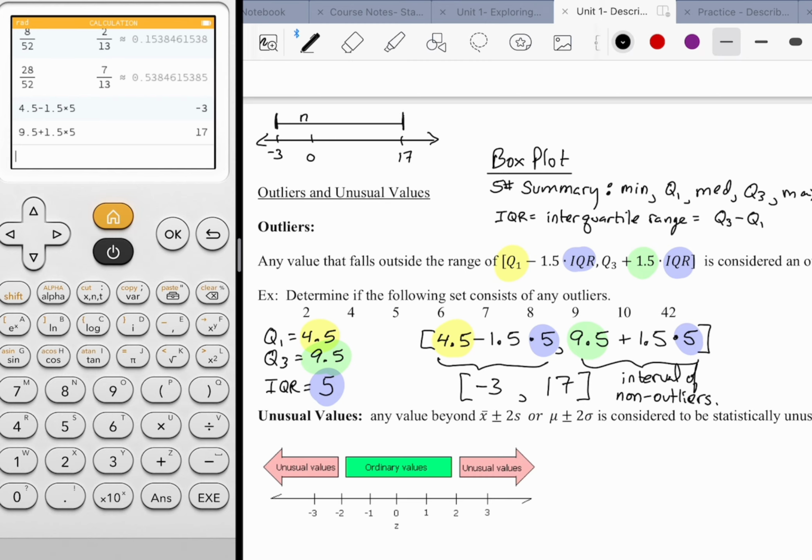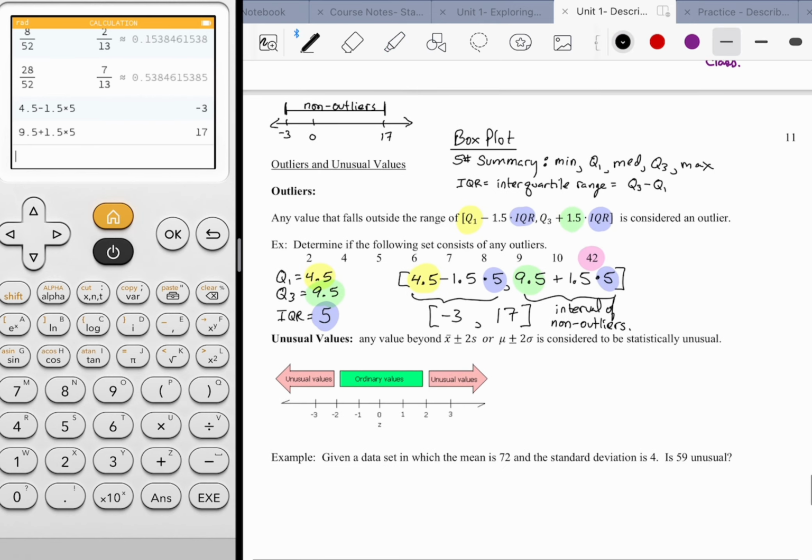These are non-outliers, so anything out over here would be an outlier. 2 falls between -3 and 17, so does 4, 5, 6, 7, 8, 9, and 10. The one number that doesn't would be the 42. So 42 is an outlier.